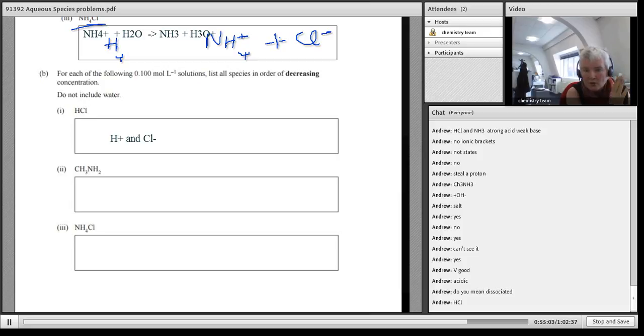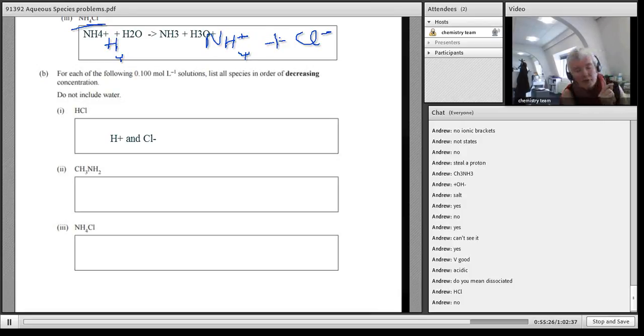So do you have any other species in solution? No, you don't from the HCl. Quite correct. So when I put HCl into the water, I get equal amounts of H plus and chloride ions. I do have, though, one other species in solution, and that was in that very first PhET diagram I showed you.